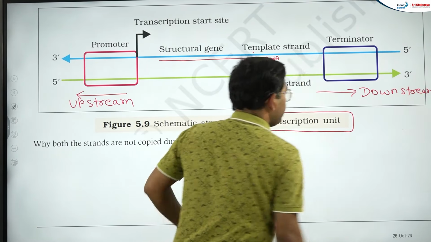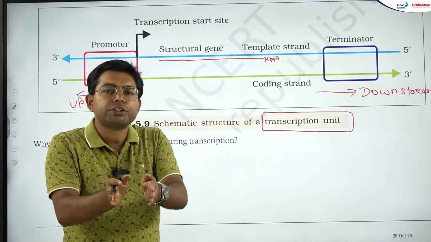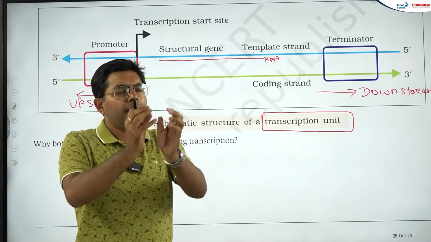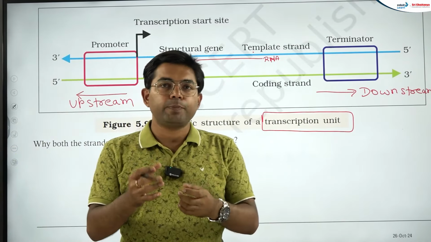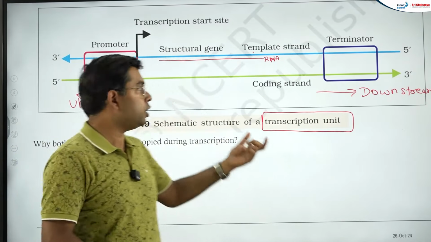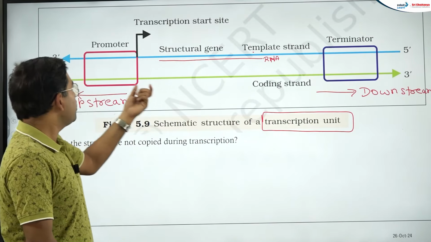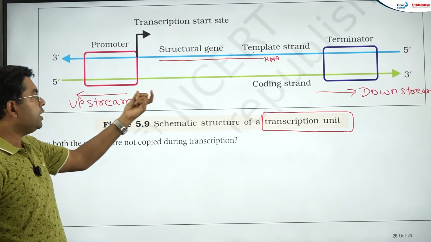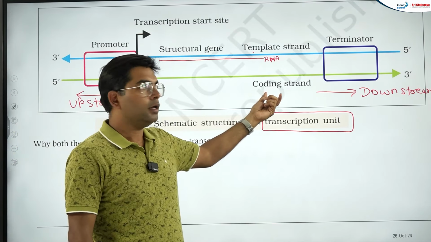Now in this, again a few things you have to keep in mind. Whenever I say upstream or downstream or any position in this transcriptional unit, we explain with respect to the coding strand. For example, if I say promoter is present on the upstream, it means with respect to the coding strand.